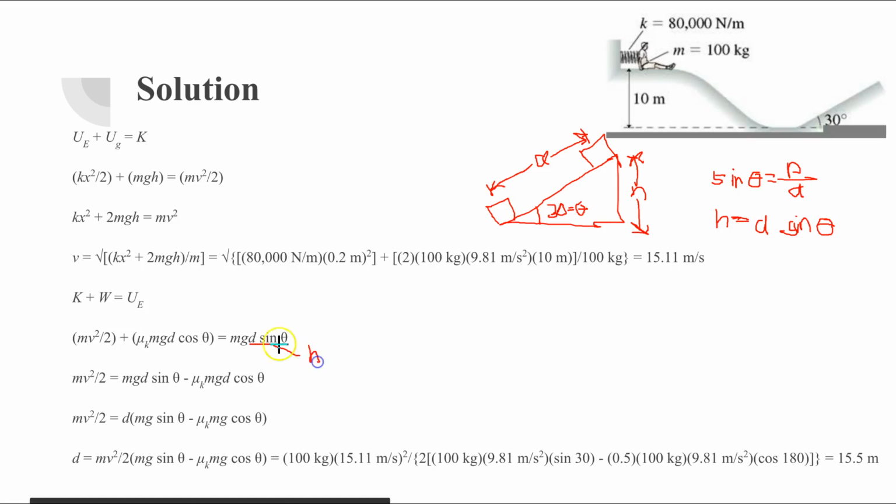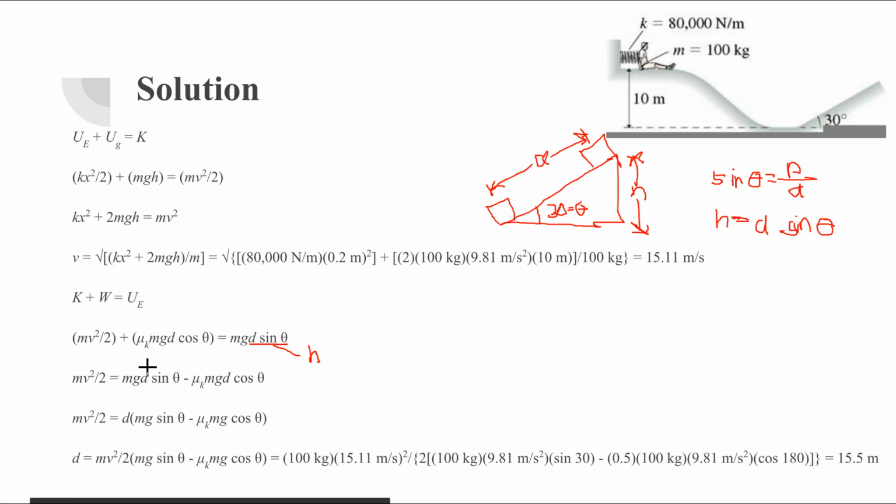So mg d sine theta, we have mv squared over 2. I'm going to subtract this work expression: mg d sine theta minus mu_k mg d cosine theta. I could have canceled the m's out, but who cares. So mv squared over 2 equals d times (mg sine theta minus mu_k mg cosine theta). Then d equals mv squared over the quantity 2 times (mg sine theta minus mu_k mg cosine theta).